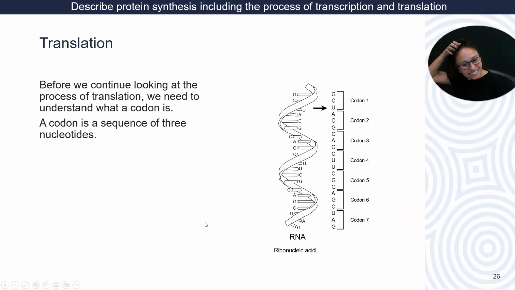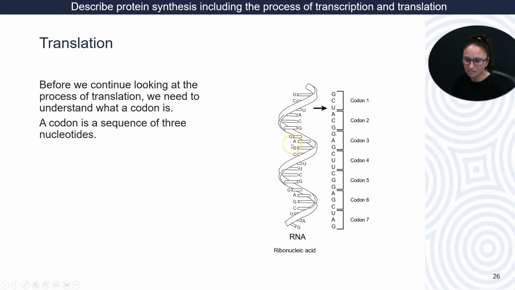Now I think that we may go back to this a little bit later. Let's build the protein first, and then we can think about codons and stuff like that.